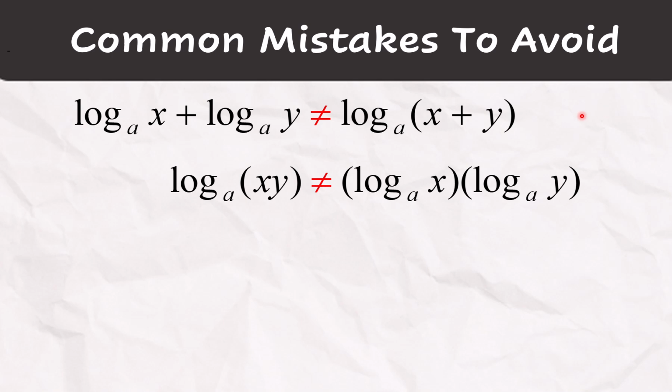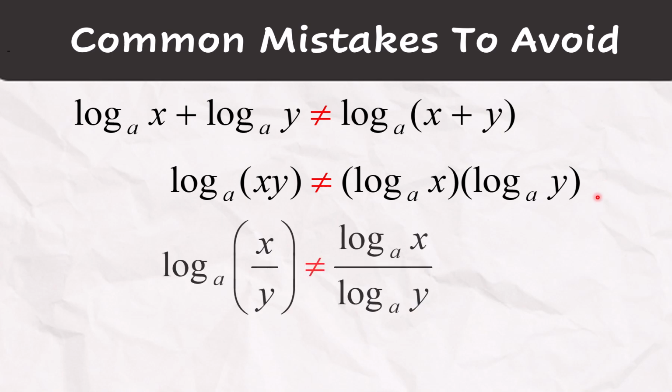So it's strictly no. Likewise, for the quotient law, this is also something to avoid. And lastly, the last common mistake to pay attention to is this. Do take note there is a difference when there is a bracket and when there's no bracket, so the log functions are different.